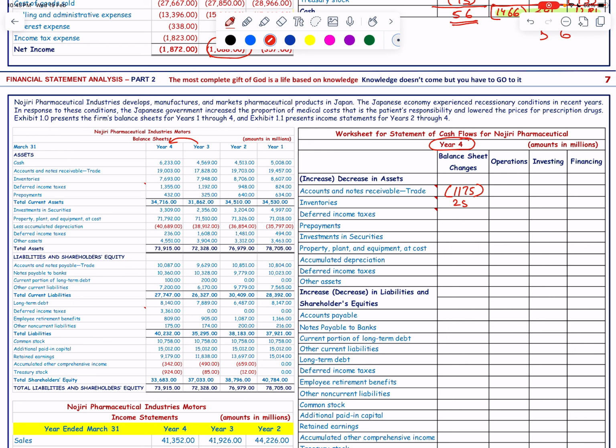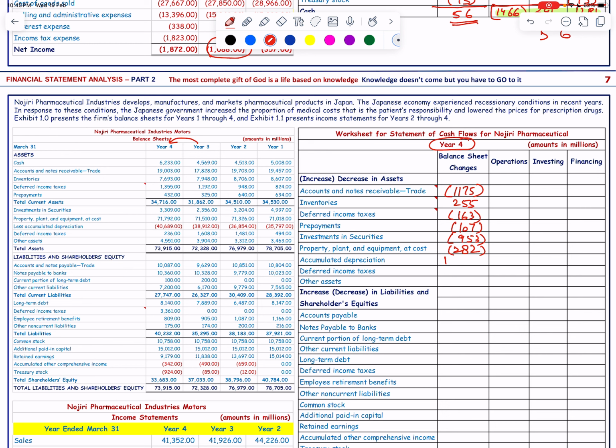Deferred income tax, there is an increase of 163. Prepayment, decrease of 107. Investment, decrease of 953. Then we have property, plant, and equipment, that is 282, and there is an increase. Accumulated depreciation is decreasing by 1777.